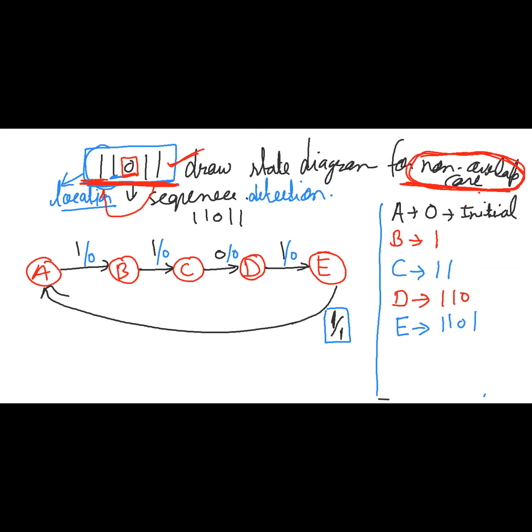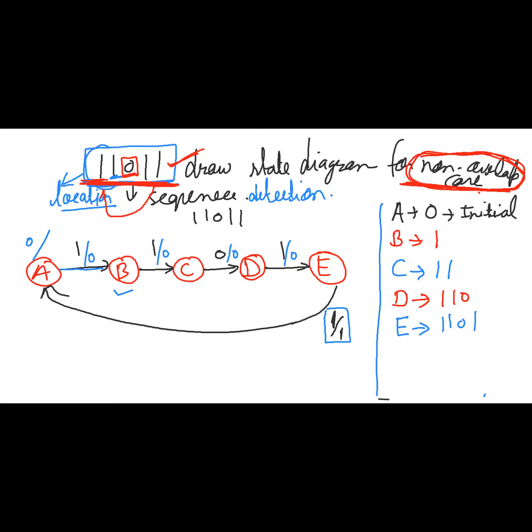Which path is left for A, which we didn't follow? The 0 path. So let's check. Now I need to check all paths. If I choose 1, I will reach B. But if I choose 0, where will I go then?